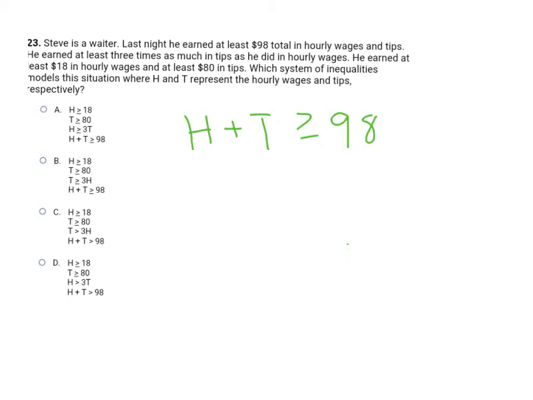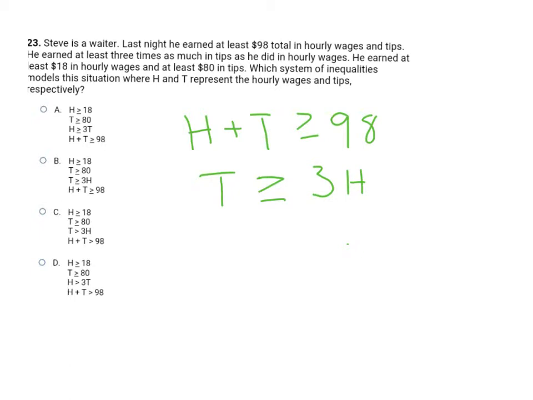Okay, the next sentence says he earned at least 3 times as much in tips as he did in hourly wages. So the tips is going to be the bigger number, and at least means they could be equal, and the tips was 3 times bigger. So that means if you take 3 times the hourly wages, tips is either the same as that or bigger, is what that sentence is saying.